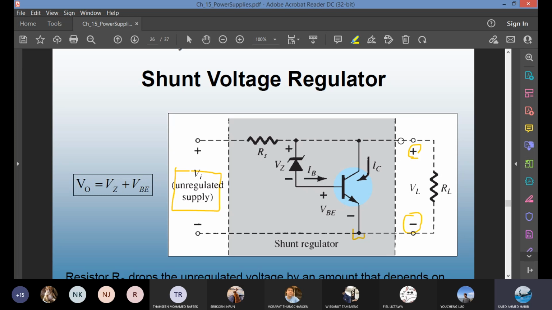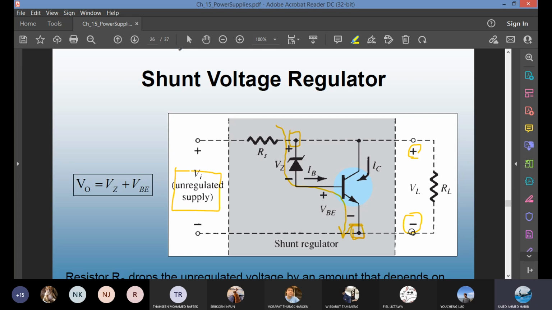If you look at its parallel node, if you measure from the top of VZ to the bottom of the transistor, which is the emitter terminal, there is a path of current that can possibly flow. From top to bottom, the total voltage drop is the same voltage as you will see across the parallel node.